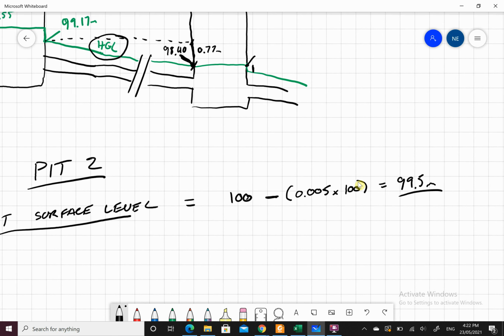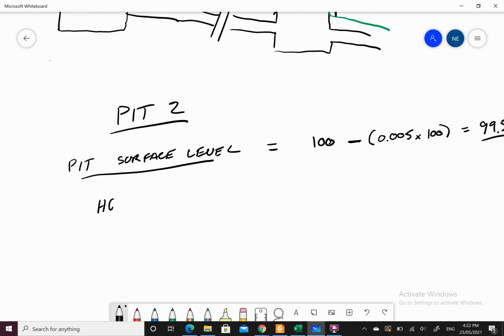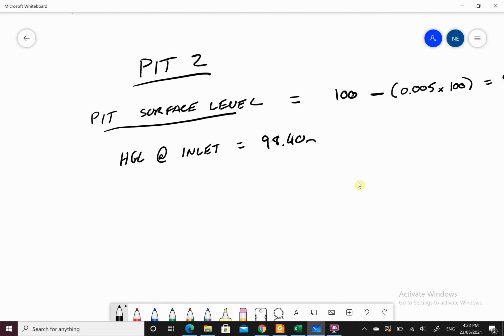Alright, so I know my hydraulic grade line at the inlet is that, so let's write that down. HGL at the inlet of my pipe is 98.40 meters. So my max pit water level is equal to, alright, so I need to go back through my freeboard levels.